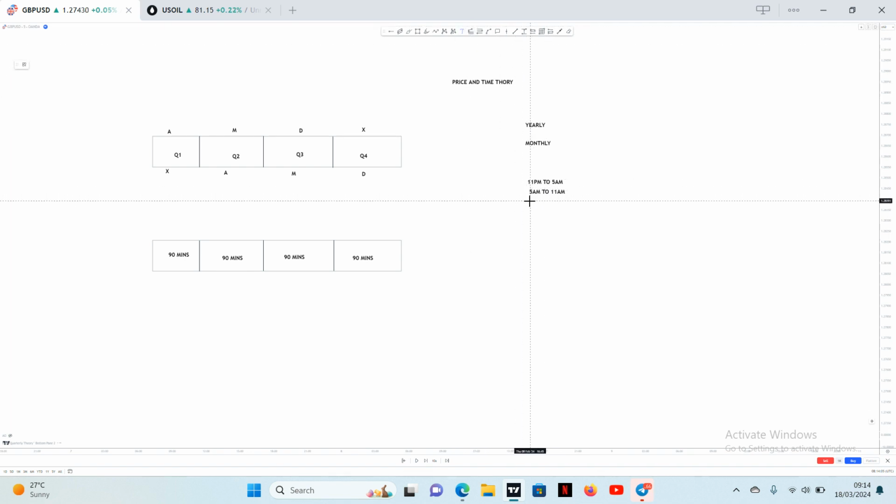Quarter three will now start from 11 a.m. to 5 p.m. Then quarter four, which is not always that important, but it is also quarter four, will now be from 5 p.m. to 11 p.m. again.